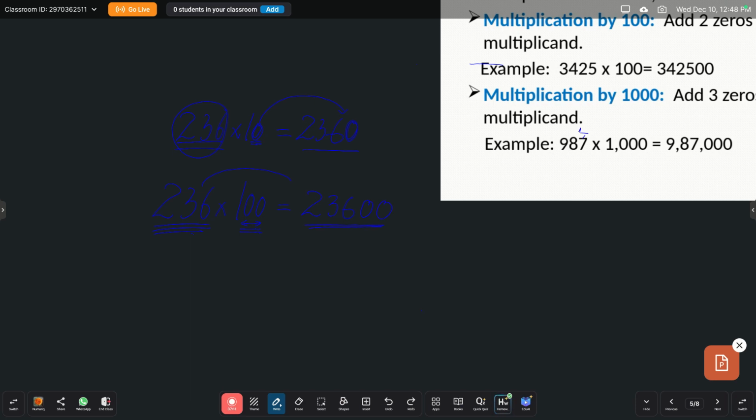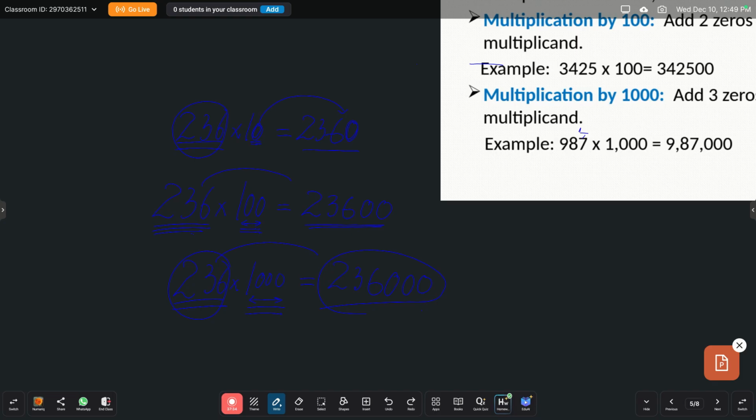So this is my product. And if I have to multiply 236 by 1000 this time, I will write down this multiplicand, 236, and put the 3 zeros of this 1000 to the right side of this multiplicand, and this will be my product.